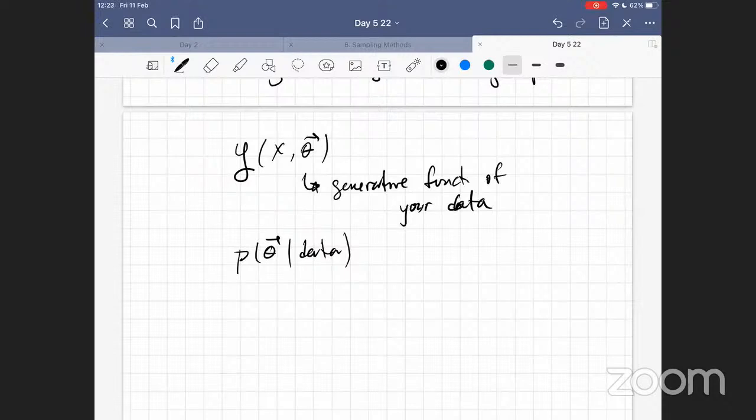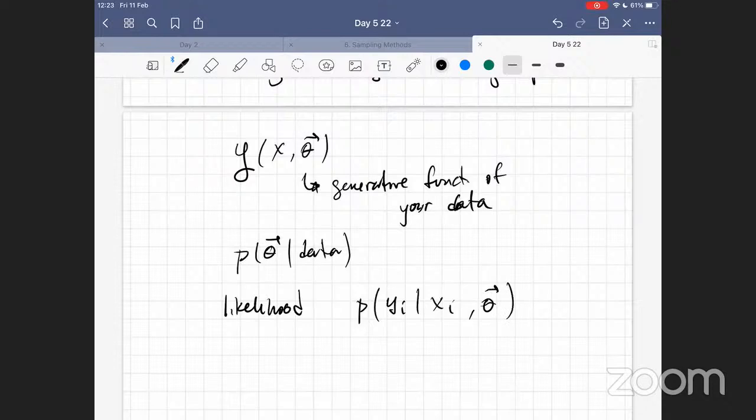So I will use a likelihood. Let me put the likelihood of a point yi, given of course some input and some parameters here.